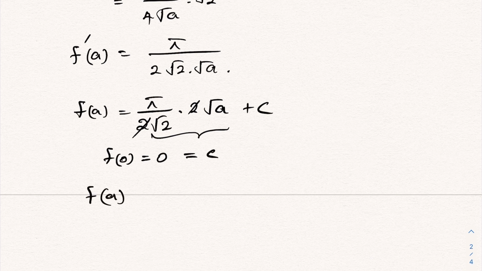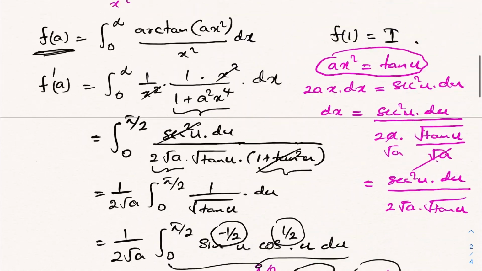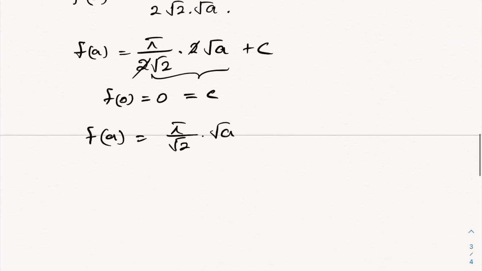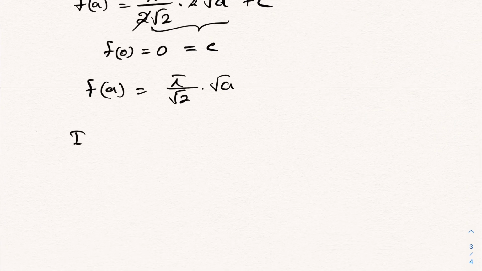So f of a is equal to pi over the square root of 2 times the square root of a. Then we know our integral I is equal to f of 1, so I is equal to f of 1, and this is equal to pi over the square root of 2. Okay, this is the answer for our second integral.